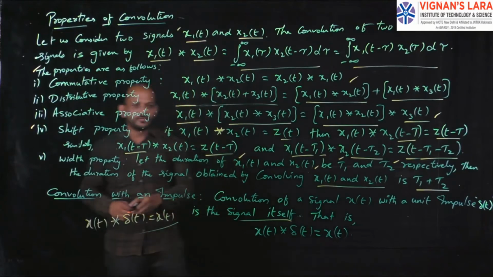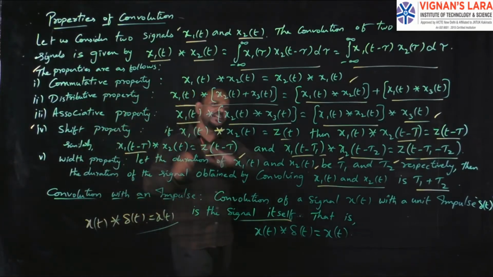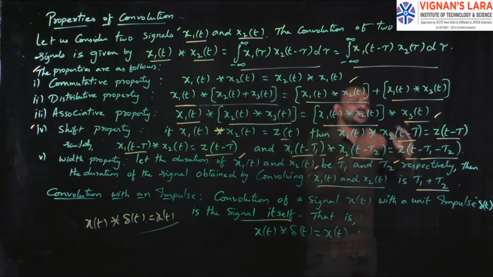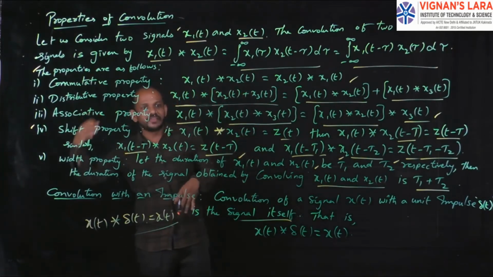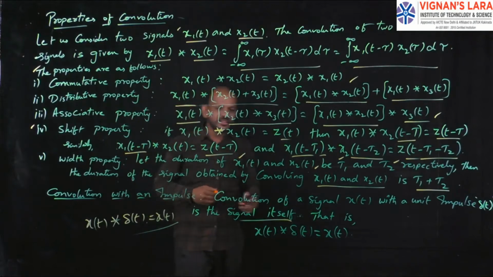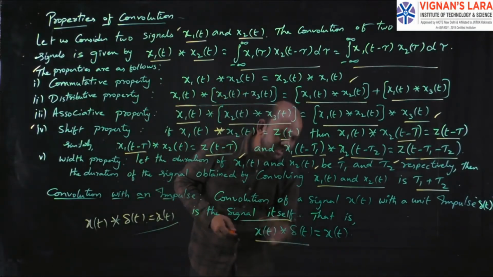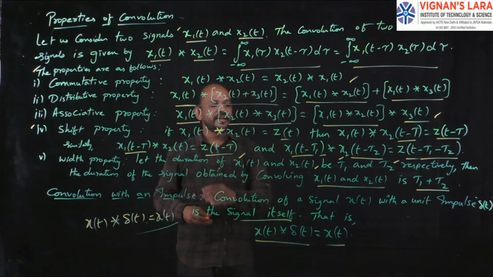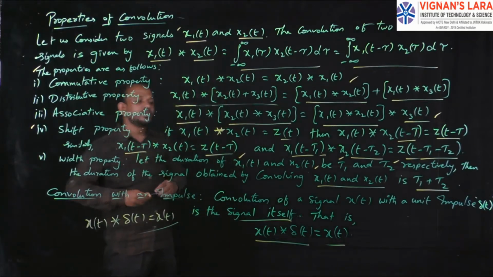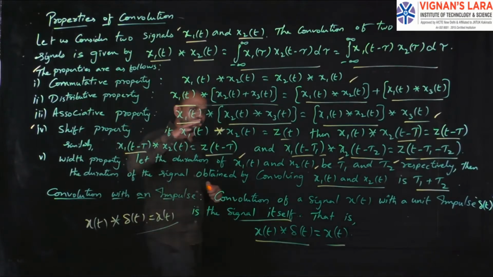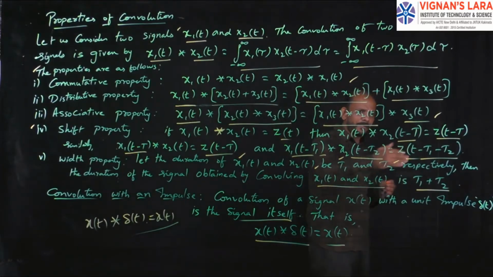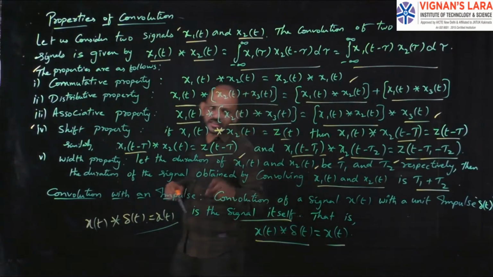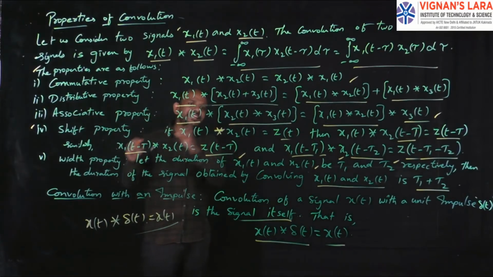itself. So if we convolve any signal with a unit impulse, then the output is the given signal itself. That is x(t) convolution δ(t) will be equal to x(t). That is, if we convolve any signal with a unit impulse, then the output will be the signal itself.